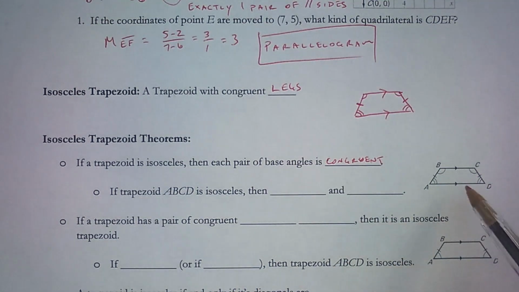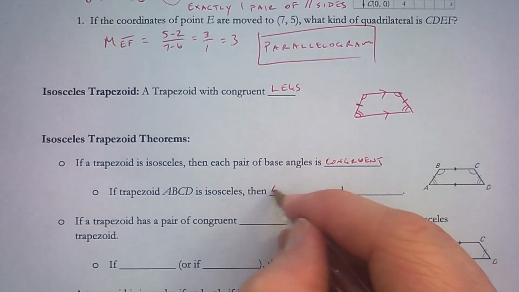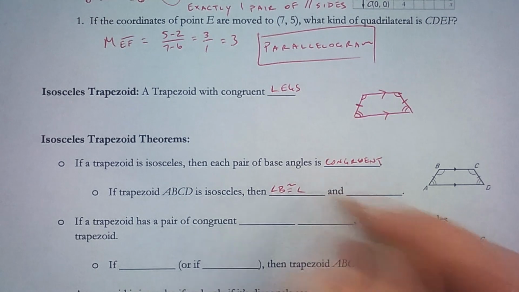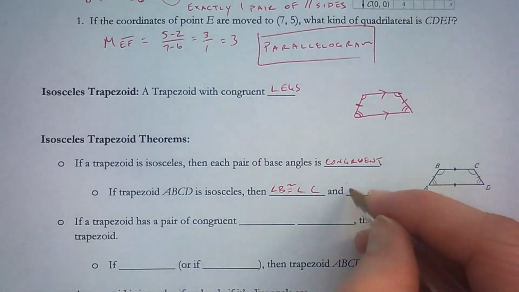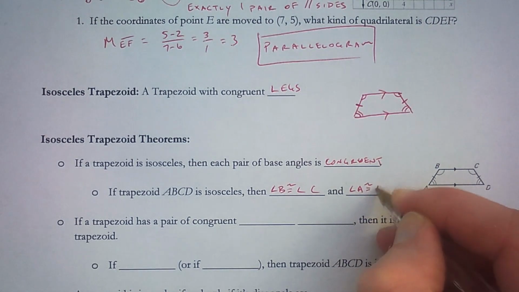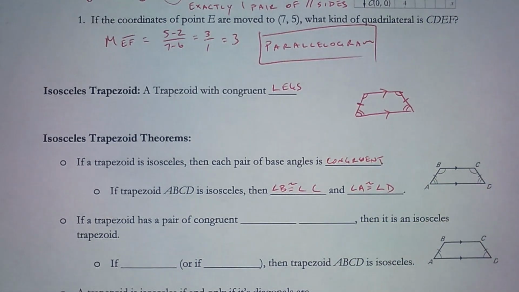So if trapezoid ABCD is isosceles, then angle B is congruent to angle C, and angle A is congruent to angle D. Both pairs of base angles will be congruent.